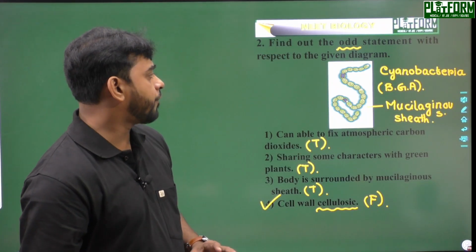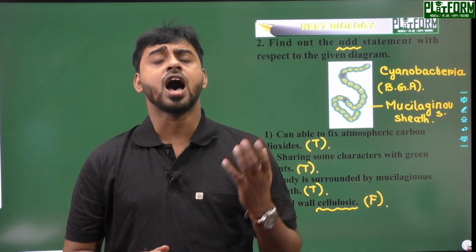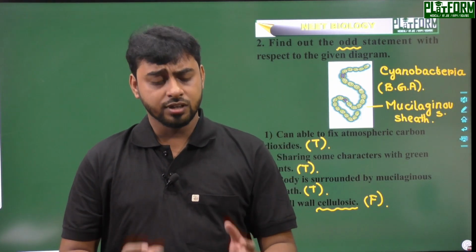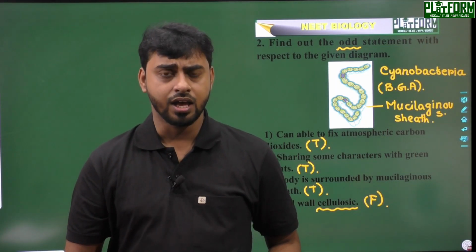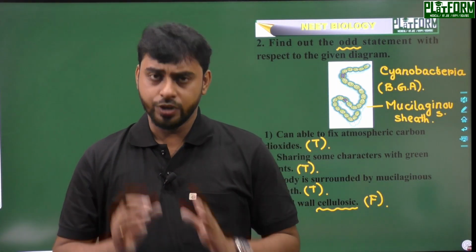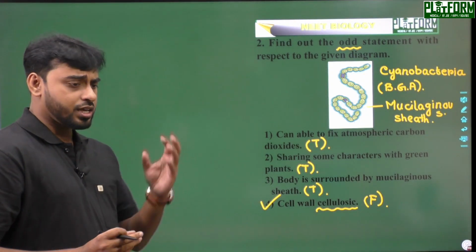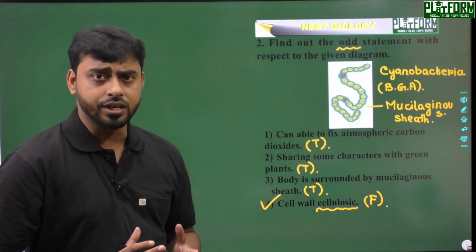Now, this group of organisms, the blue-green algae, is considered cyanobacteria because they have some similarity with bacteria, and this similarity is the cell wall. We know that bacteria have a cell wall made up of peptidoglycan.